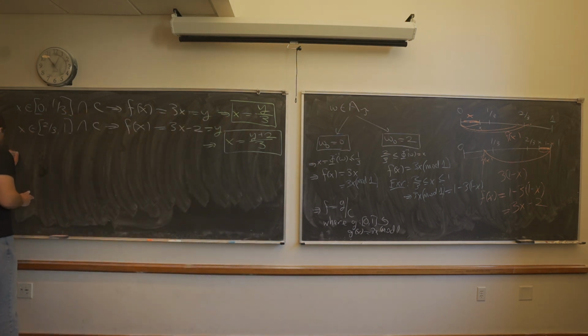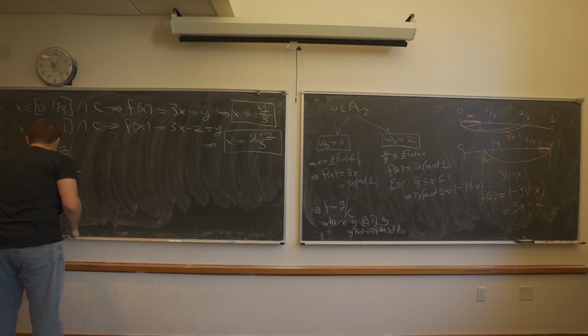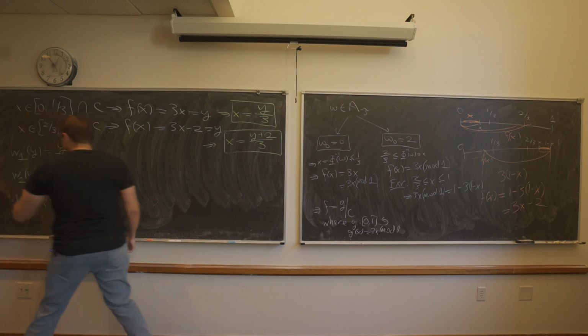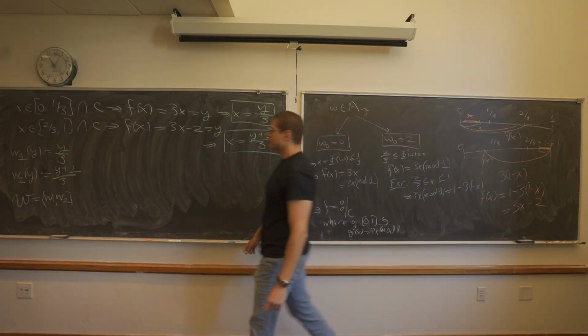So if I put W1 of y equals y over 3, and W2 of y equals (y plus 2) over 3, acting on the reals, of course, but we can take it to be a smaller subset as well. Then, putting them inside a set, this W is a B-IFS acting on reals, and C is the unique attractor for this.